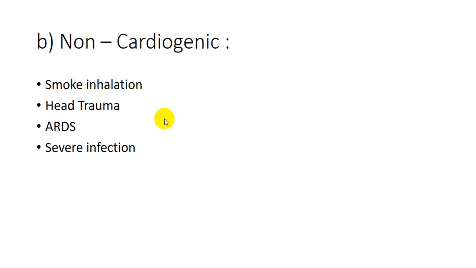For non-cardiogenic, I give you some examples for you to understand easily. First, you can see this in patients with smoke inhalation, patients with head trauma, ARDS, and severe infection such as sepsis.